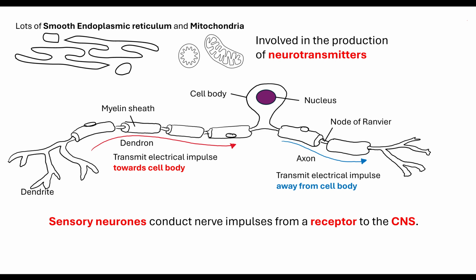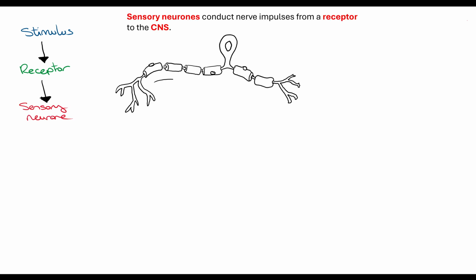So we have our sensory neuron then, and our sensory neuron is obviously going to pass that information from the stimulus, the sensory receptor, all the way to our central nervous system. So now what we need to look at is, well, how are the impulses transmitted from the sensory neuron to any other neuron?